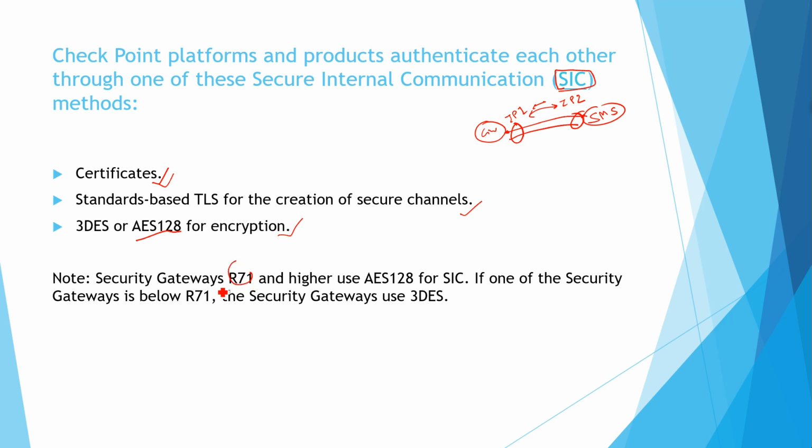As you can see, we have one note: nowadays we are using R81.10, but for versions higher than R71, we are using AES128, and before R71 the security gateway used 3DES. So nowadays we are using AES128 for encryption.